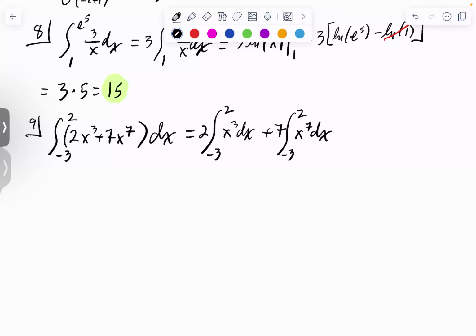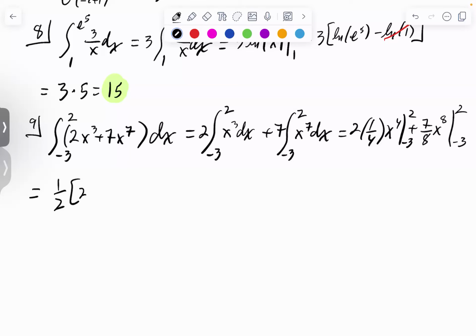And I'm going to integrate x cubed, which is going to give me 4 times 1/4, and that's 2 times 1/4, x to the 4th from -3 to 2, plus 7/8, x to the 8th power from -3 to 2. Now we're going to have to be really careful as we're looking at this with all these negatives.